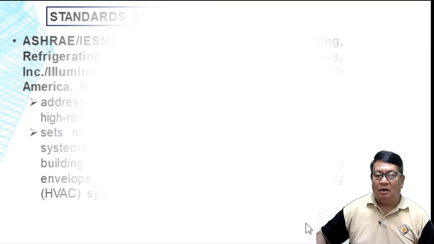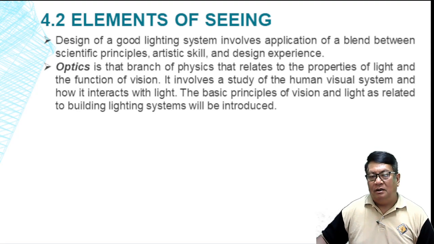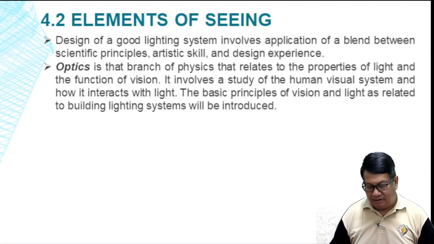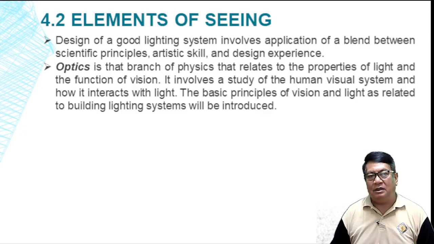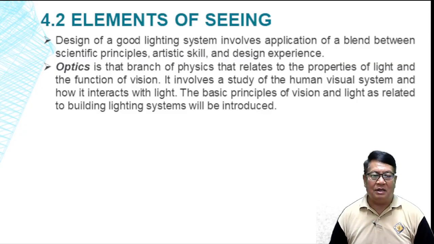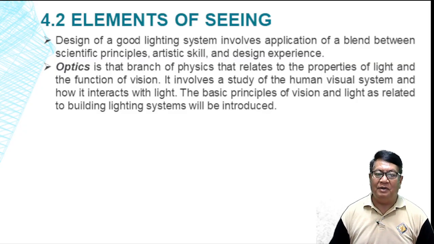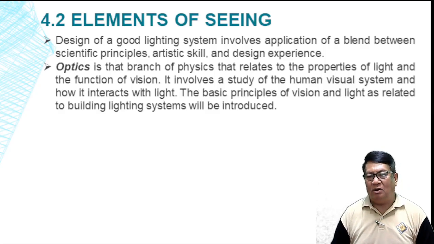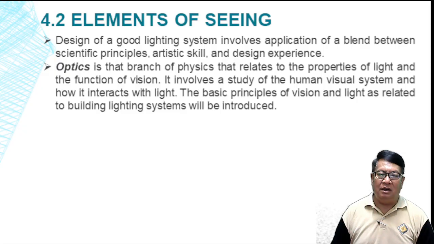Okay, so we have also these elements of seeing. Here we discuss some of these elements or conditions, depending on the person who will see or watch the efficiency of the lighting system.